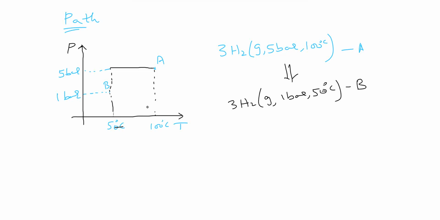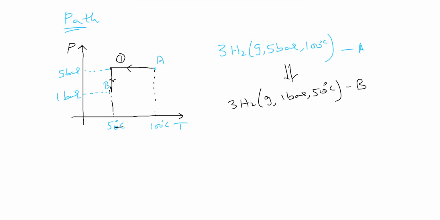Then once we get to 50 degrees Celsius, we can keep the temperature constant at 50 degrees Celsius and reduce the pressure to 1 bar. This is one path.